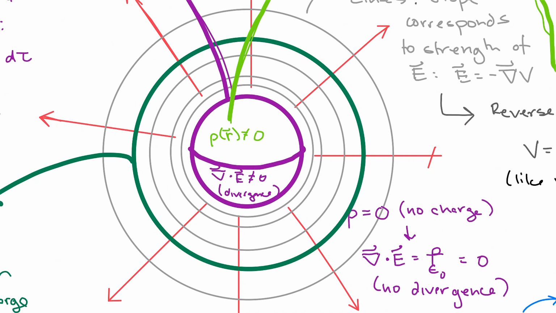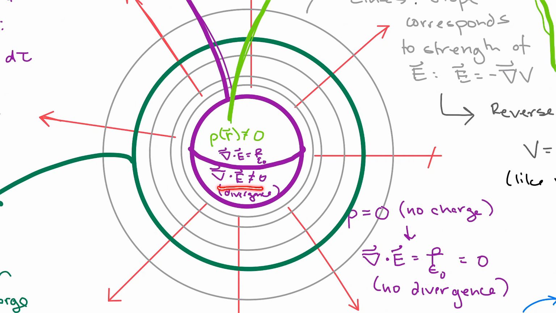And in fact, I can write exactly what that's equal to. Let me write it here. Rho over epsilon naught.